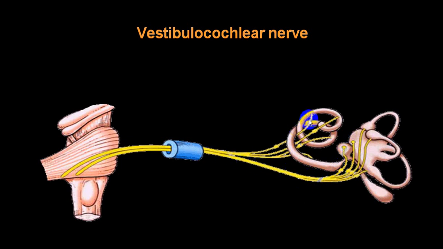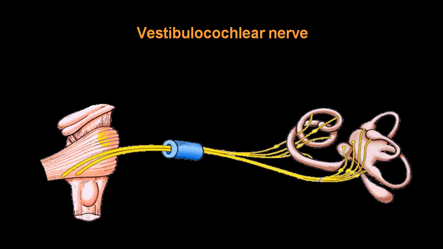This will be the cochlear division, this will be the vestibular division, and both combined together we call the vestibulocochlear nerve or acoustic nerve. And being a special sensory nerve, it will end in the pontine part of the brain stem. This is the midbrain portion, so this is the pons part. This is the upper part of midbrain, pons and medulla.